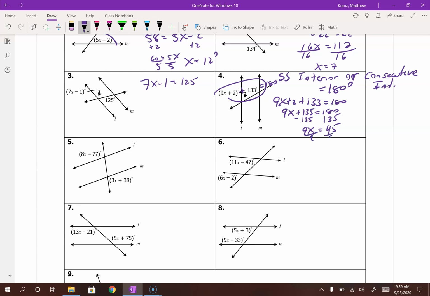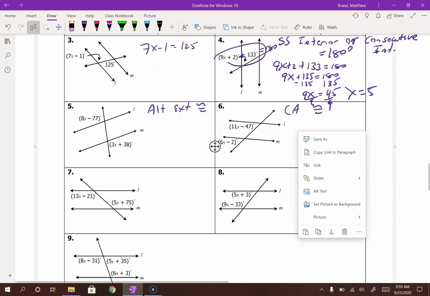When I divide by 9, x equals 5. All right, so number 5, those ones are alternate exterior. Right, so they're congruent. Number 6, these are corresponding angles. So they are also congruent.